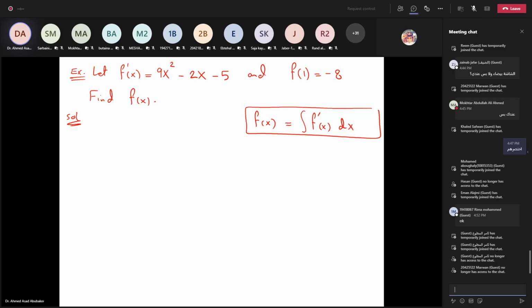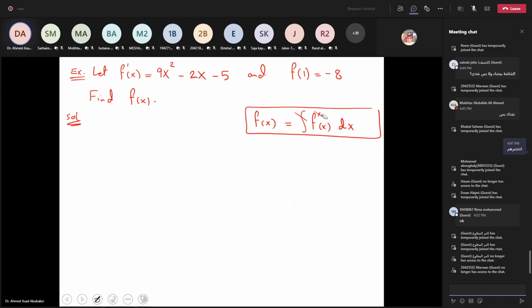So if we need to find f of x and are given f prime, we must find the integral of f prime, because the integral removes the prime, the first derivative.